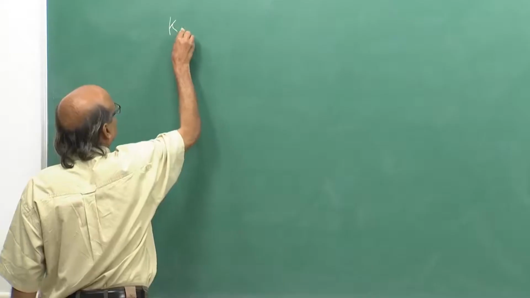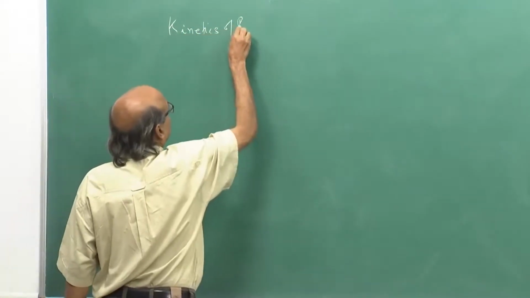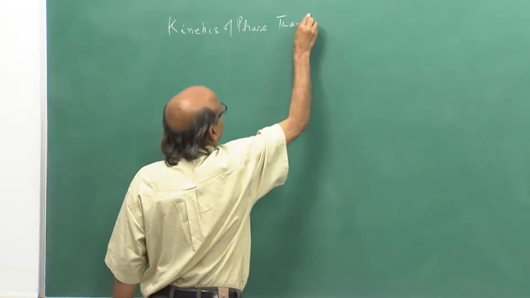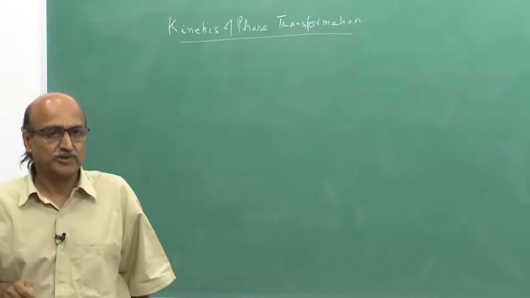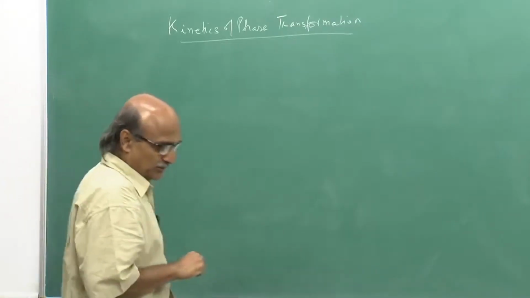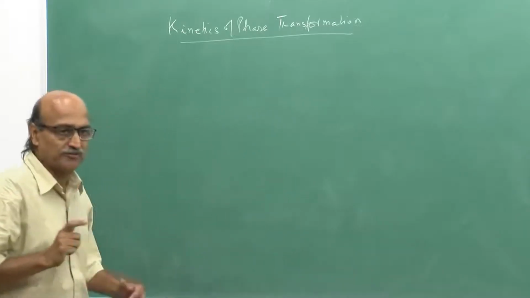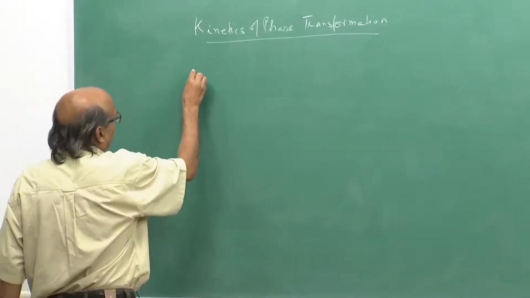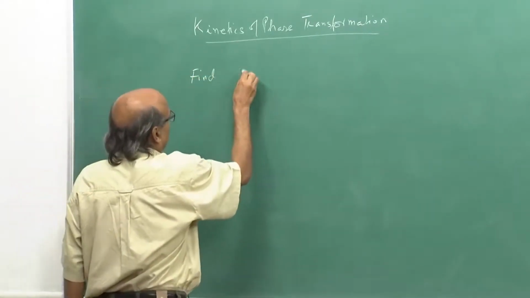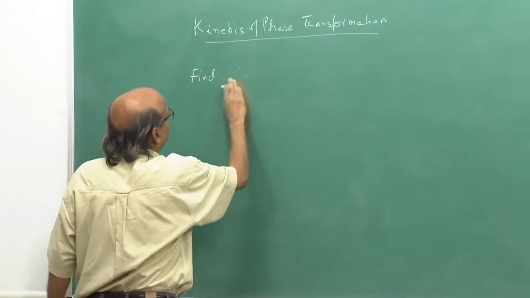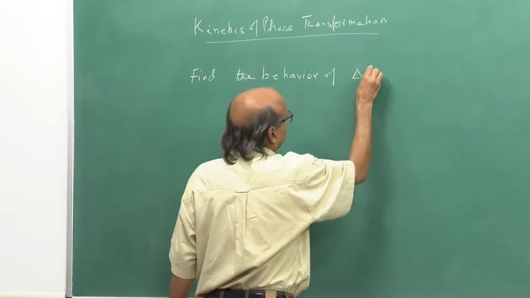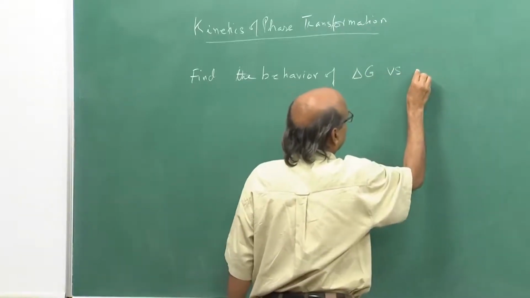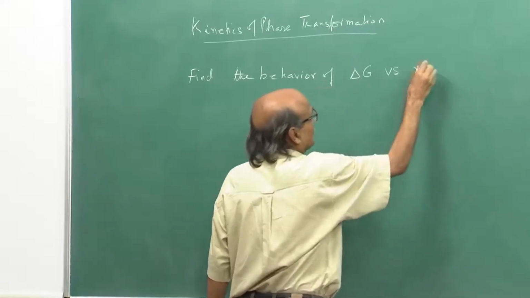So, continuing from the previous lecture on the kinetics of phase transformation, in this lecture we are going to concentrate on the formation of the critical nucleus, and in particular we are going to determine the behavior of delta G versus R, the size of the nucleus.